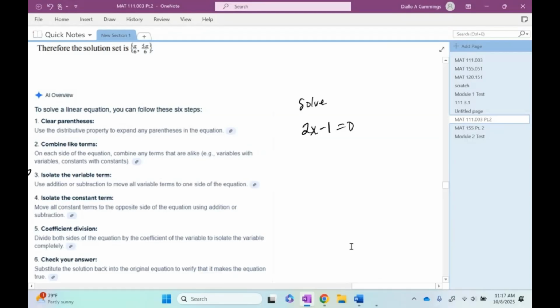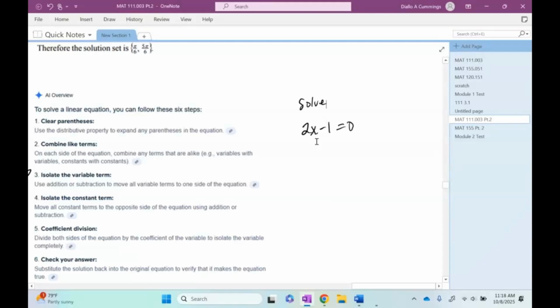All right. So I don't have any parentheses on either side of my equation. There are no like terms on either side. So both sides are simplified. The most important thing is to isolate your variable term, which means that you want to ultimately have x, which is the unknown, on the side of the equation by itself.